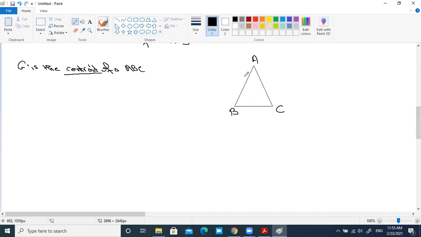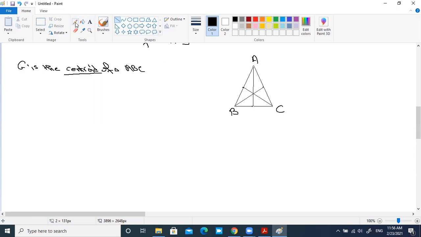For example here, let's say I is the midpoint, J is the midpoint, and K is the midpoint. Here is the first median, the second median, and this is the third median.